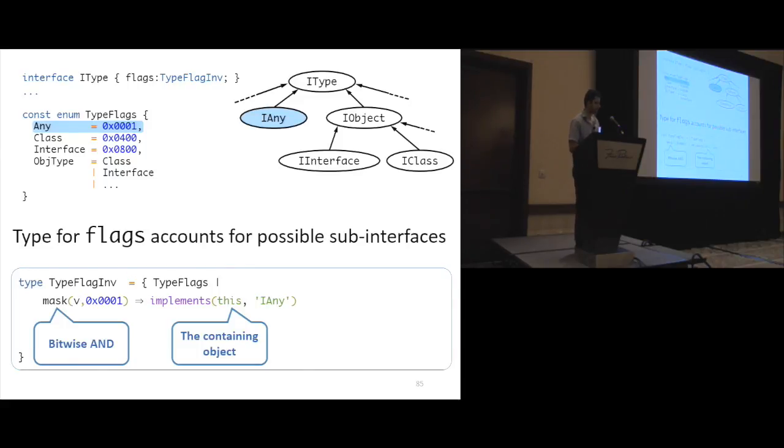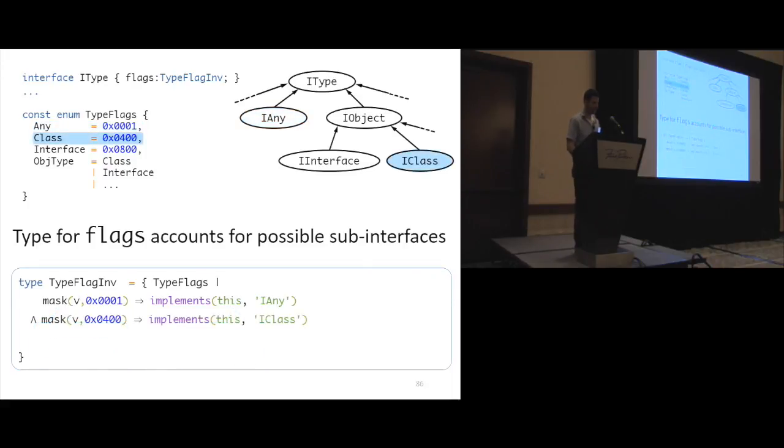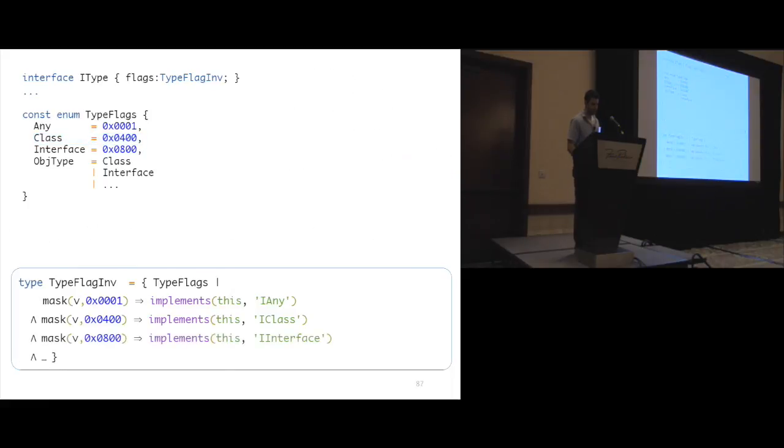Namely, if we mask the value of this field with the value 1, then we can get as a return that the containing object, this is why we use the reserved name this, actually implements the interface IAny. Then we can add similar cases for the rest of the types.